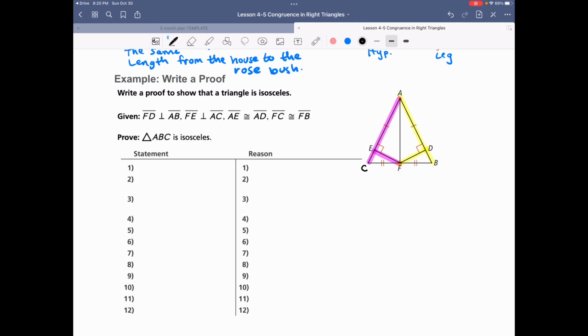All right. From here, we're going to just start with that information. So we're going to write that FD is perpendicular to AB and FE is perpendicular to AC, and that is given.